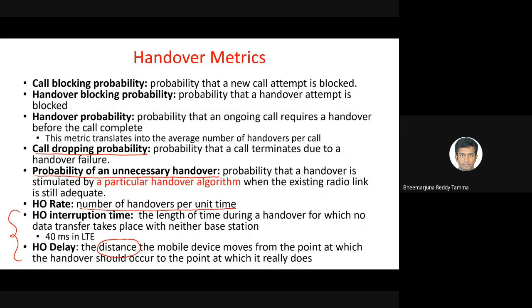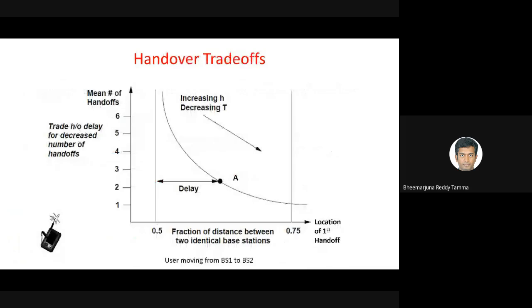It is supposed to happen at a certain point, but you delay it to see whether it is an unnecessary handover or not. That is the handover delay. If you stretch this handover delay beyond a certain value, it could backfire as well. One has to choose this parameter very carefully.